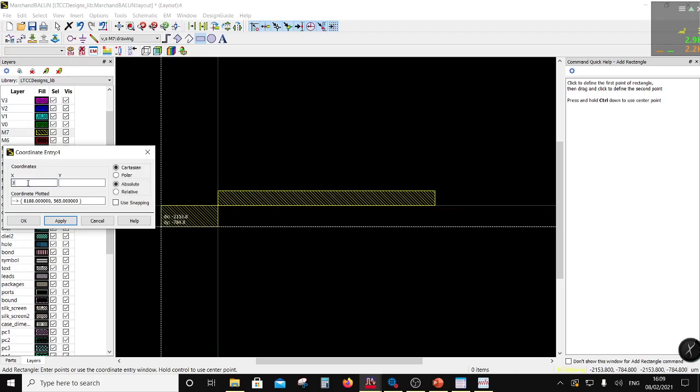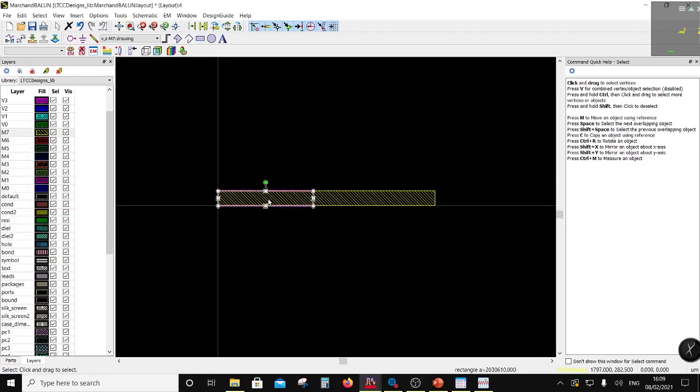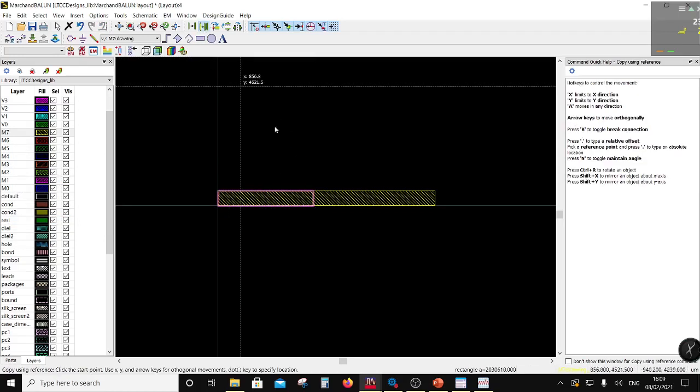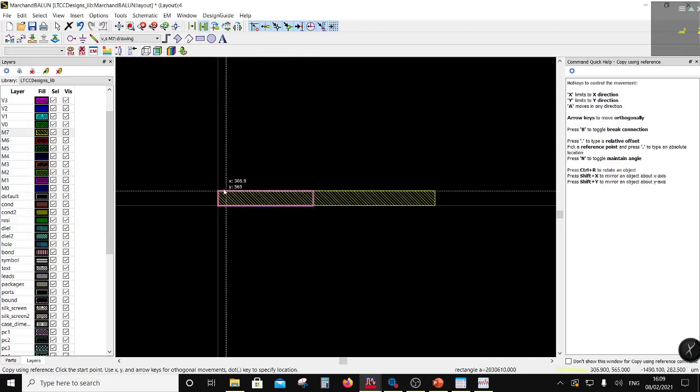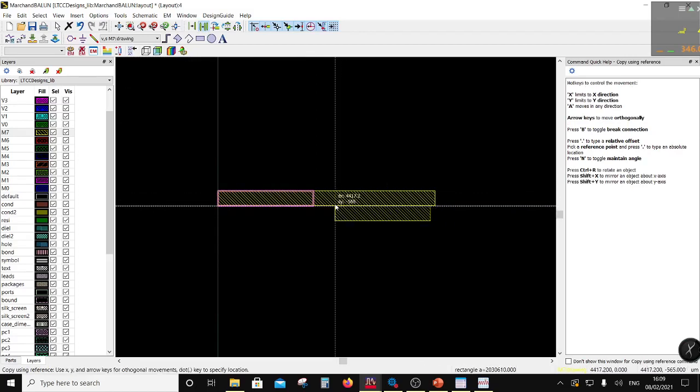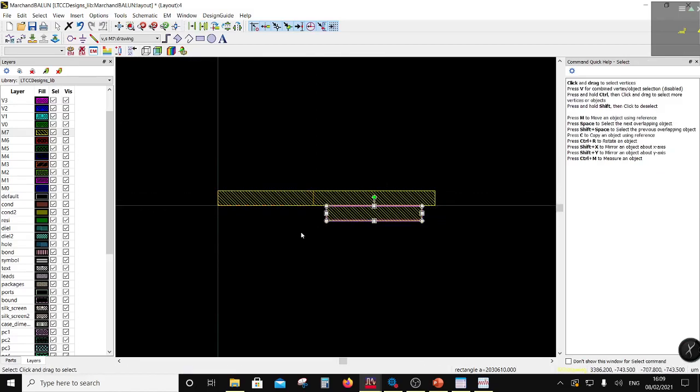So 3594, right? And then I am going to have a width as 565, relative, say okay. So that's the piece of the line which I'm going to connect to the center of this. So that's the center. Another one is connected to the center.